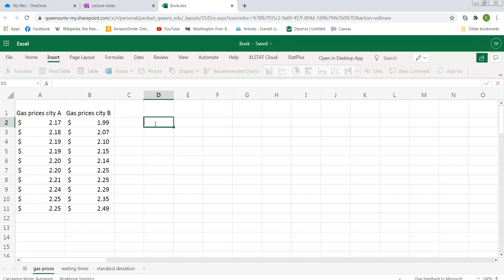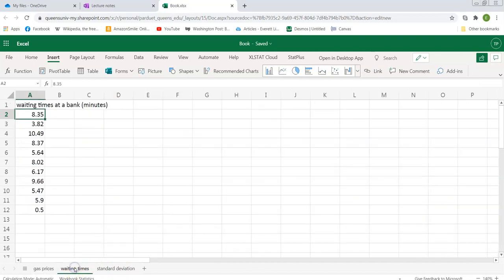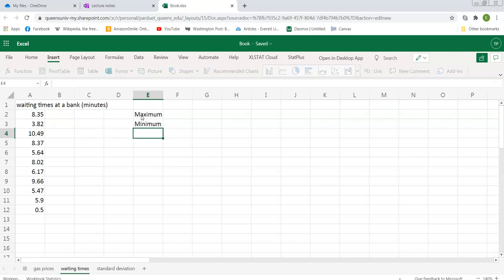So if we want the maximum, I'm going to put labels in here, which is what I would very much like for you to do, because that goes a long way toward making your spreadsheets look professional. So I want to do that on the waiting times. So let's find the maximum and the minimum.